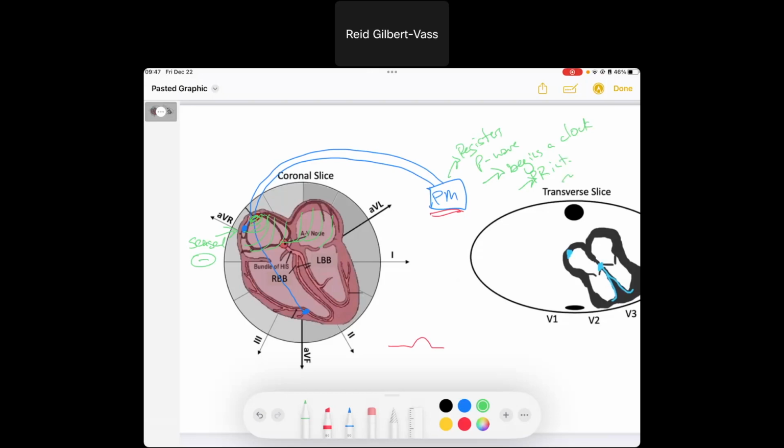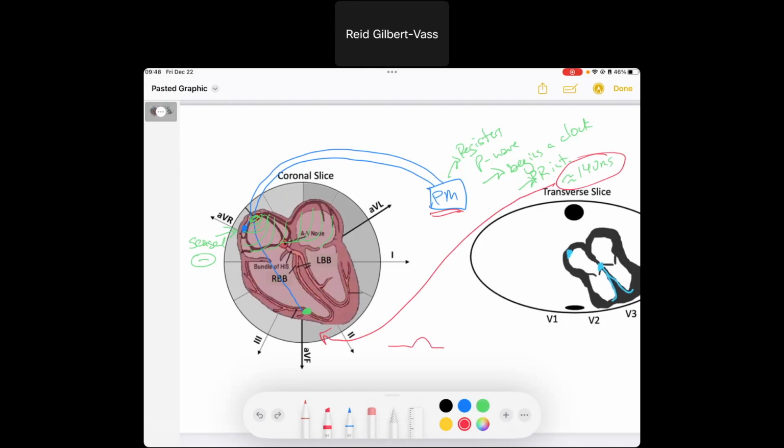And so maybe in this case, it's 140 milliseconds. And so the ventricular pacemaker lead that's down here is waiting. It is waiting 140 milliseconds, and it's saying, okay, if I get ventricular depolarization and I sense it here, I don't need to beat. But if I don't sense it in 140 milliseconds, then I'm going to beat.